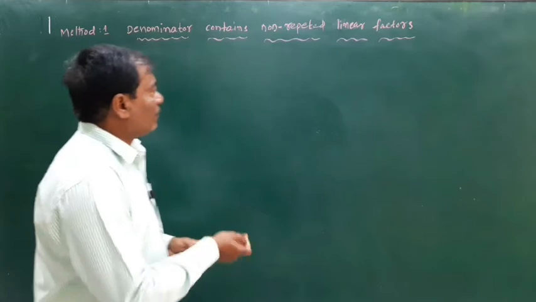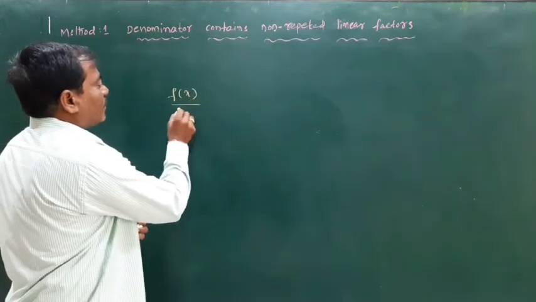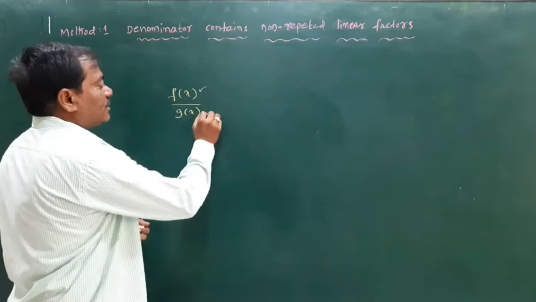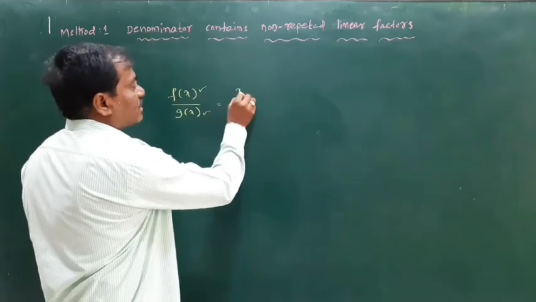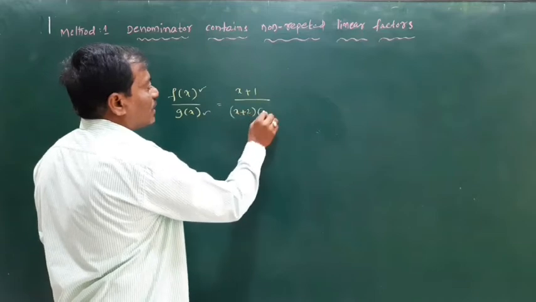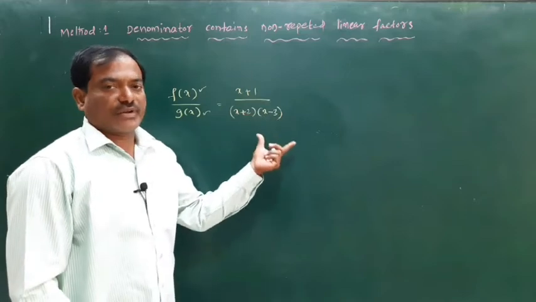For example, the given rational fraction is f of x by g of x. This is the numerator and this is the denominator. We are taking one example here: x plus 1 by (x plus 2)(x minus 3). This is the rational fraction.